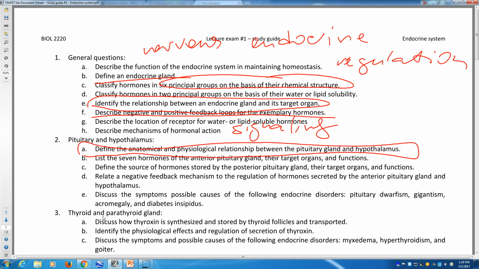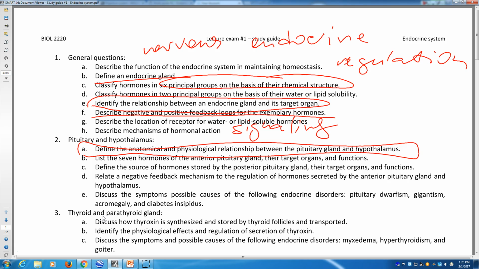ACTH is stimulated by CRH, corticotropin releasing hormone, right? Gonadotropins, follicle stimulating and luteinizing hormones, are under the control of GnRH, gonadotropin releasing hormone. What did we forget? Prolactin, under the control of prolactin inhibiting factor. Did I forget something? I hope I did. Otherwise, that's pretty much it.